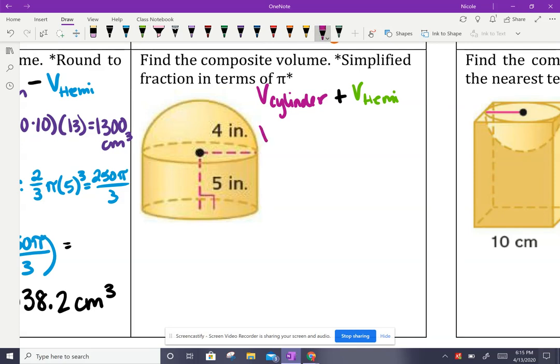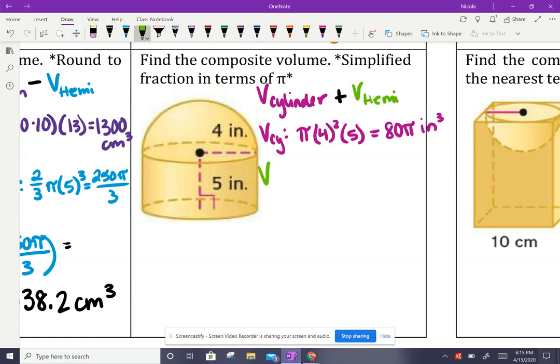For my cylinder, it has a height of 5 and a radius of 4. So pi radius squared times the height. 4 squared is 16. 16 times 5 is 80 pi inches cubed.